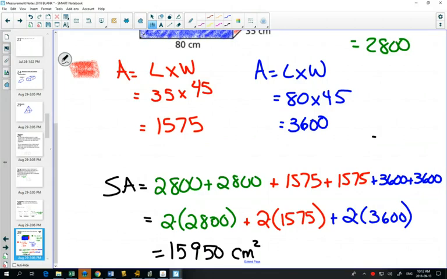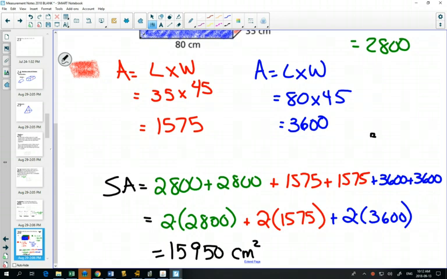If I drew it as thin as it should be, you couldn't see it. But a centimeter square is a square that's 1 centimeter by 1 centimeter, and it covers up a space. And that's what area is. And so, according to our answer, we would need 15,950 of those little squares to cover the whole thing.